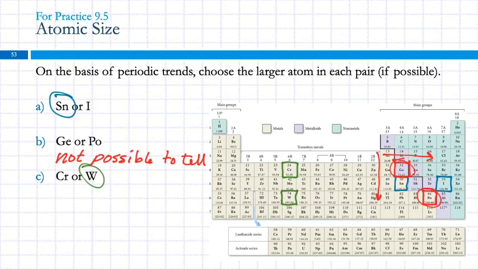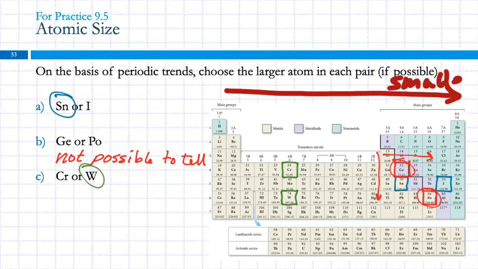Okay. So, just for a basic understanding of the size chart: top smallest, bottom largest, and then this side smaller, this side bigger. So as we go across, we're getting smaller. As we go down, getting bigger.